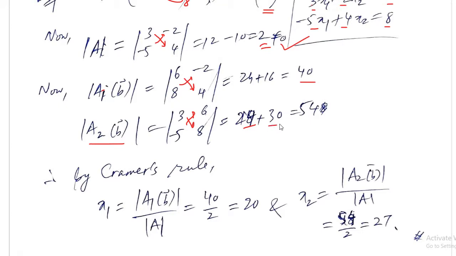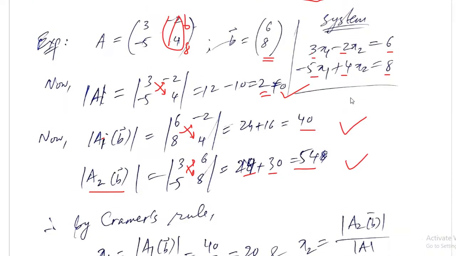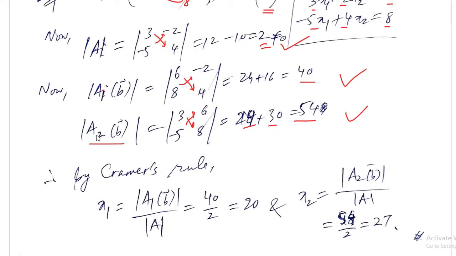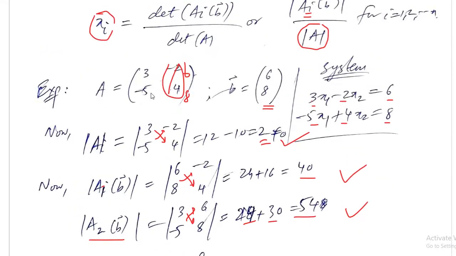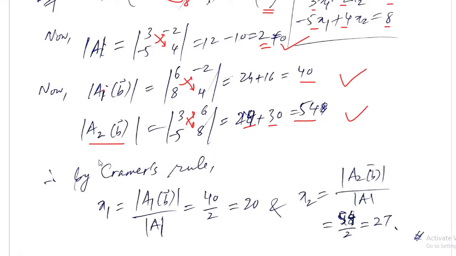So 24 plus 30 is 54. Now I got everything because there are only two columns, so I will get only A1 and A2. For a 3 by 3 matrix, I will get A1, A2 and A3 as well, because the third column will also be replaced by b.